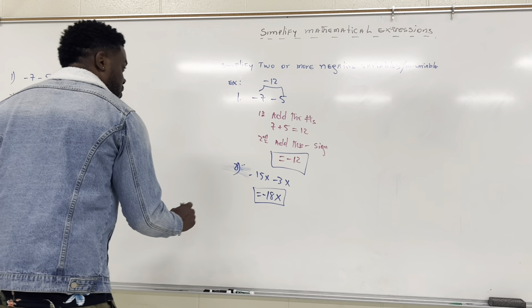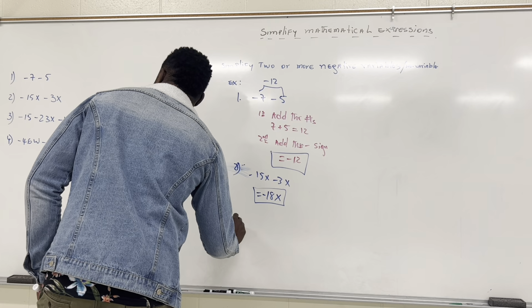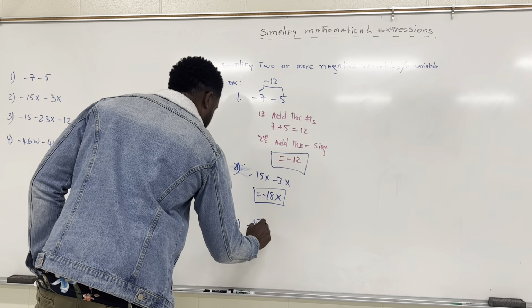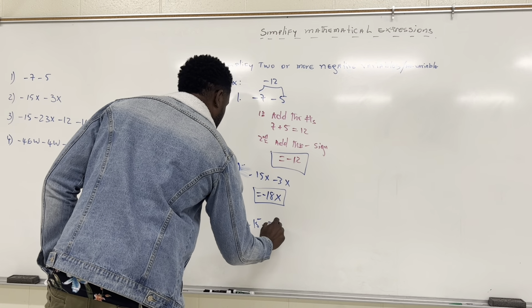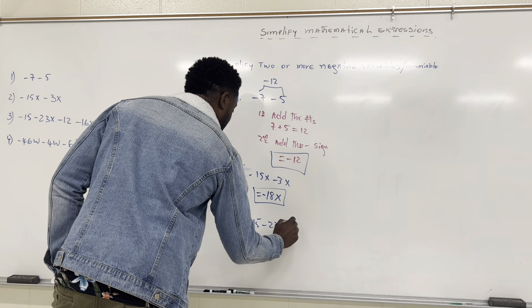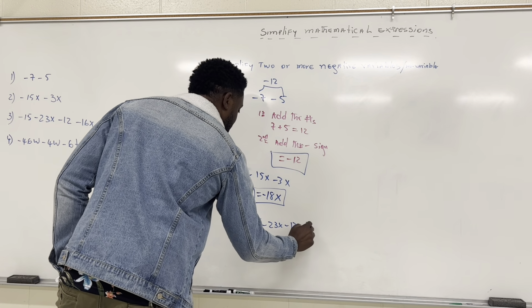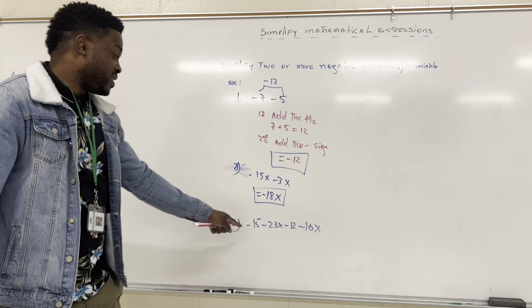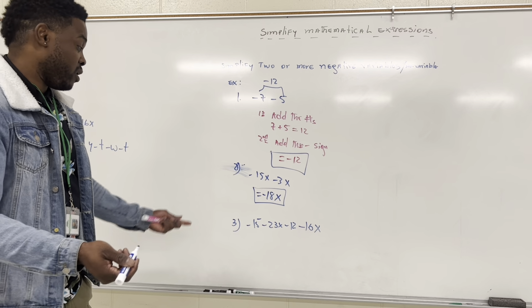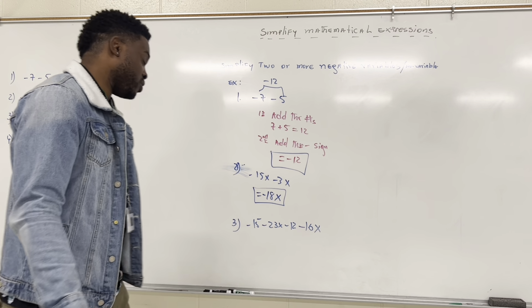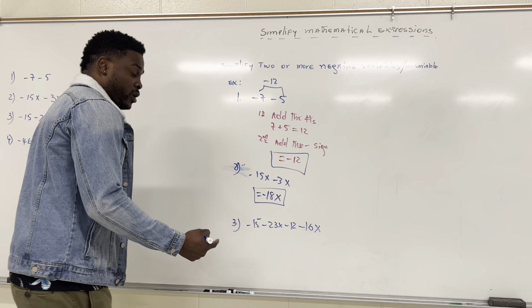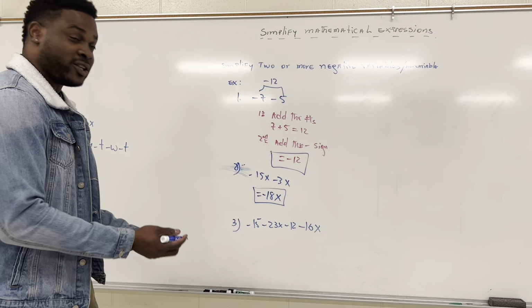So now let's do number 3. Number 3 is negative 15 minus 23x, and then minus 12, and then minus 16x. Now you notice that we have variables and integers, like numbers without variables. First we need to group the like terms.